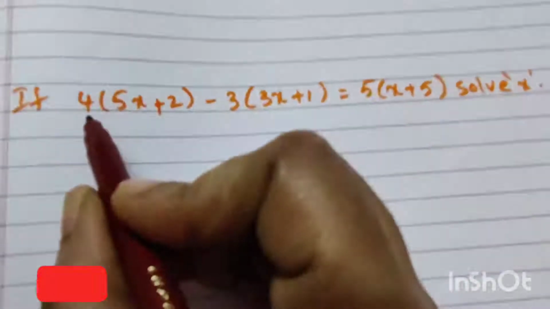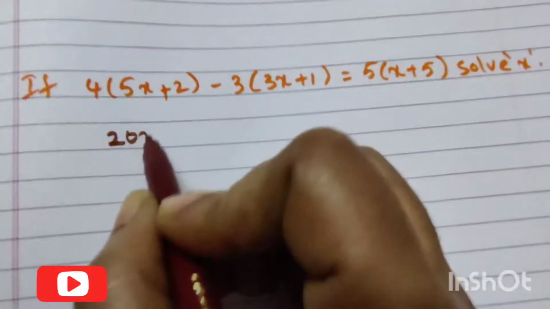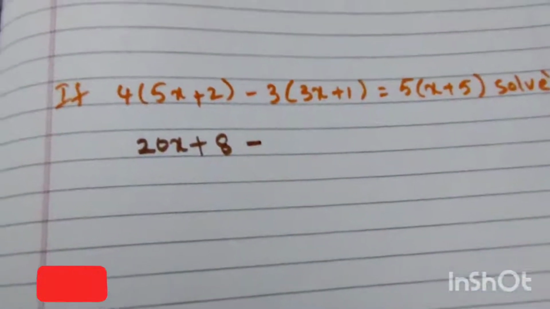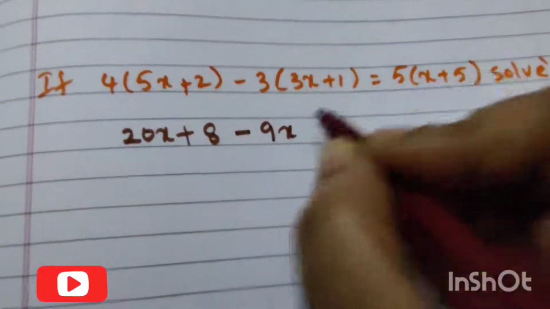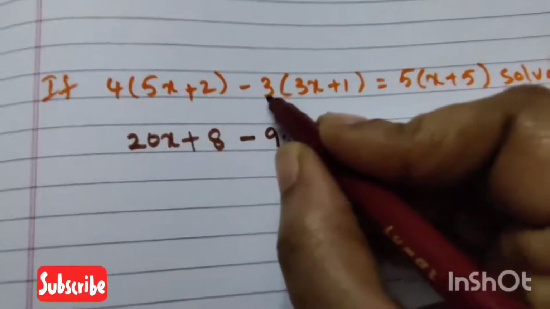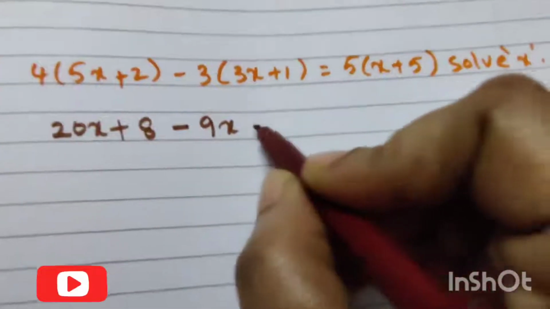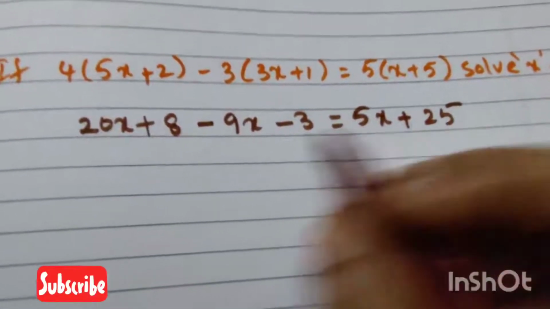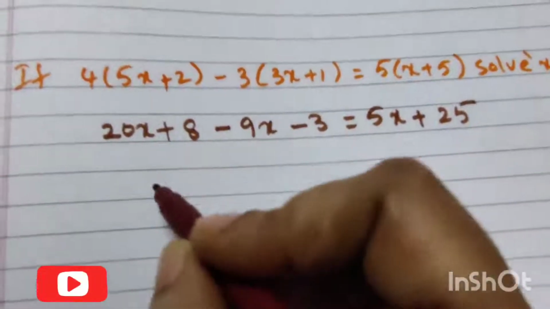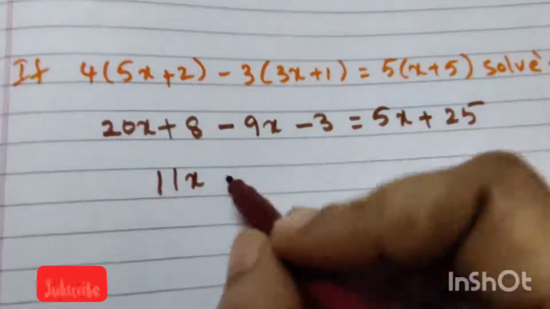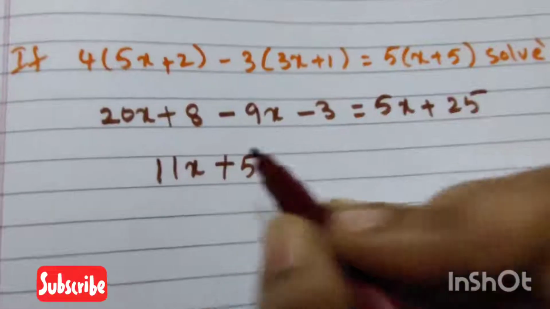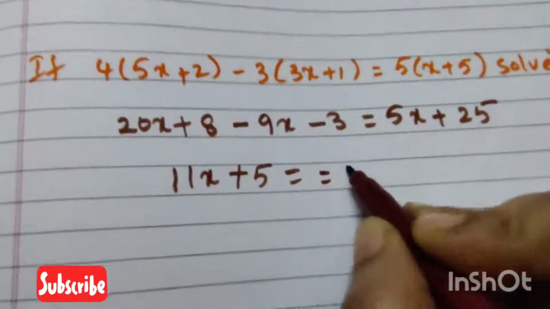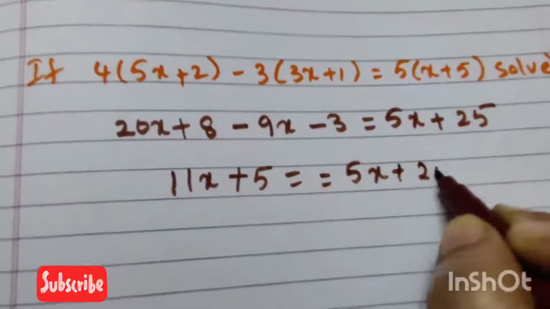So this one. See, 4 into 5x is 20x, plus 4 into 2 is 8, minus 3 into 3x is minus 9x, minus 3 into 1 is minus 3, is equal to 5x plus 25. Solve this. 20 minus 9 is 11x, 8 minus 3 is 5, the greater number has the positive sign, is equal to 5x plus 25.